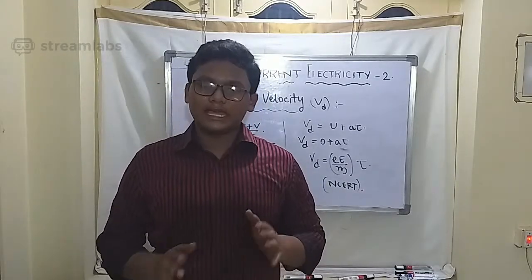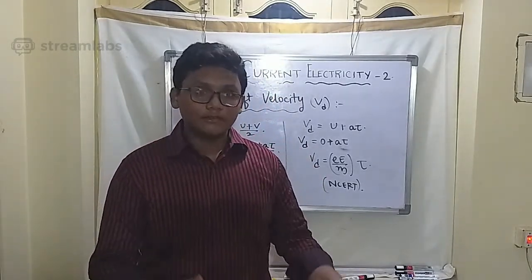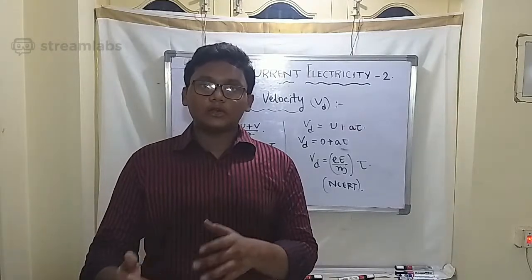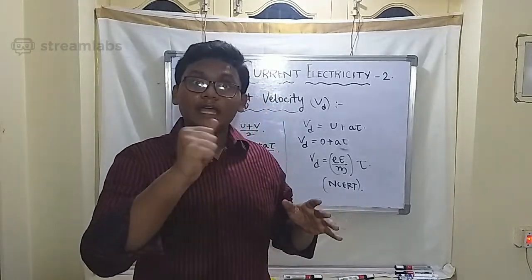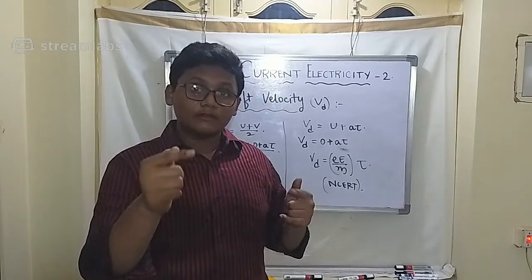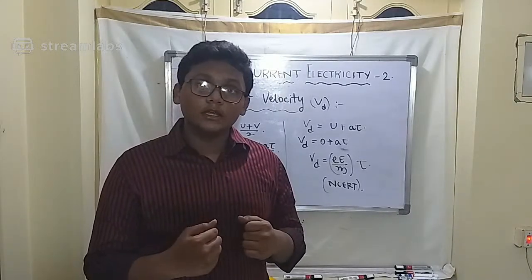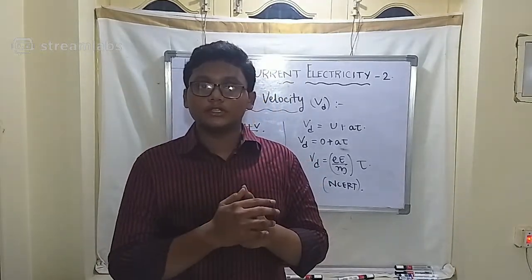Then the energy will decrease. At that time, if the electric field is applied, the electrons will get continuously pushed. Why do they lose energy in the absence of a battery? Due to continuous collisions.